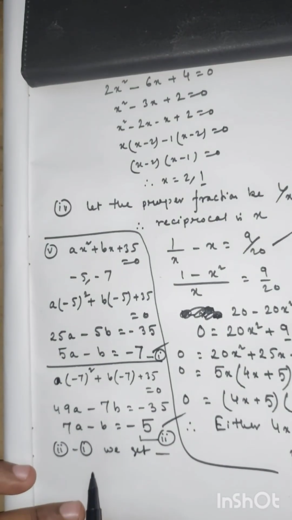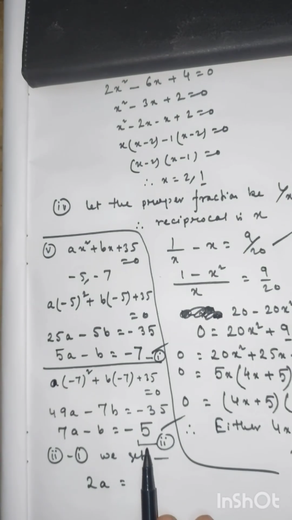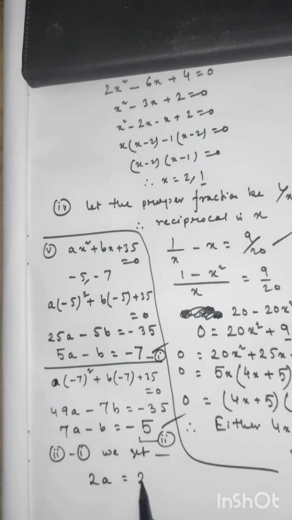7a minus 5a, that is 2a, minus b plus b, that is 0, minus 5 plus 7, that is 2. So the value of a is 1.